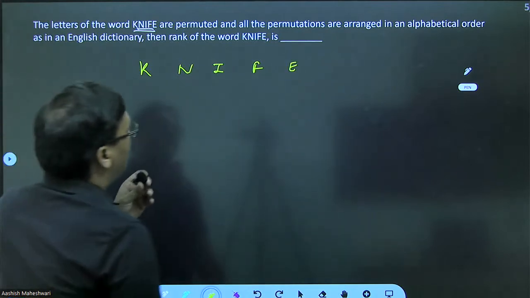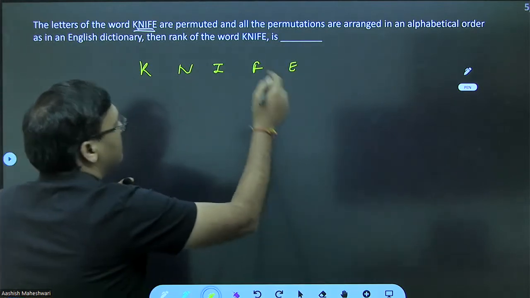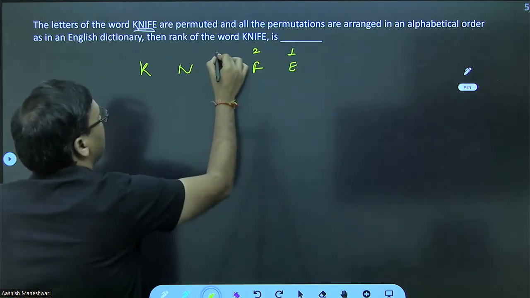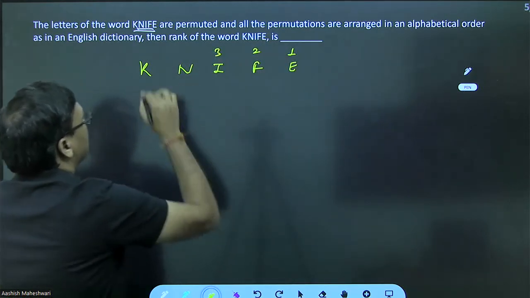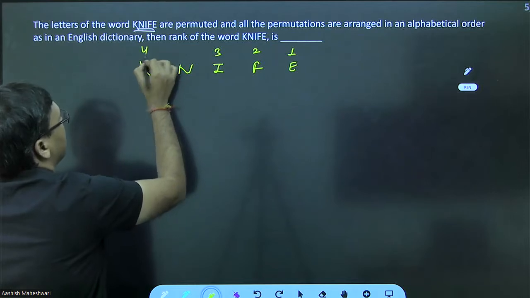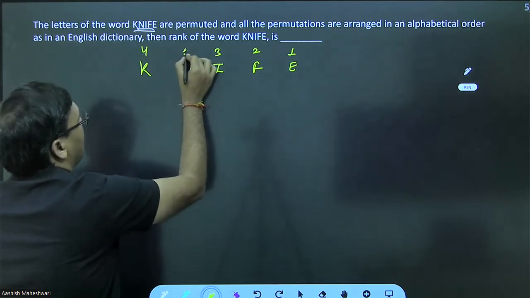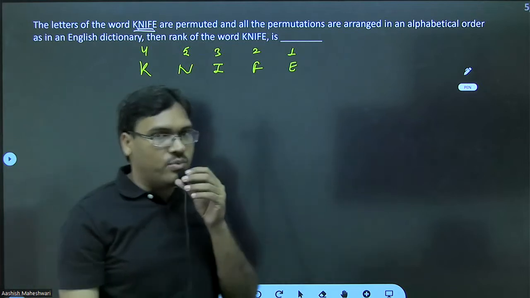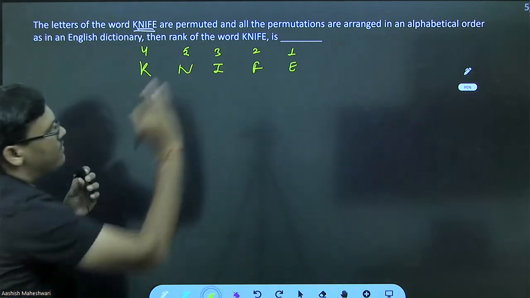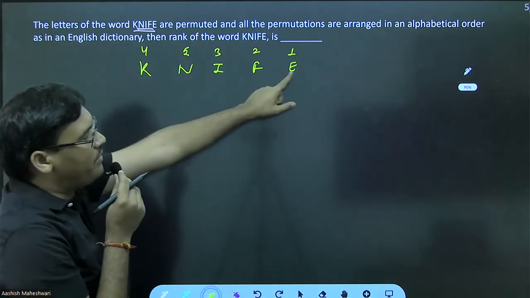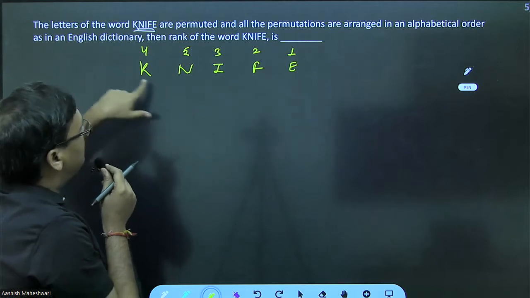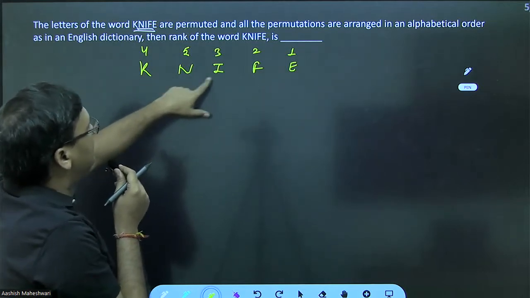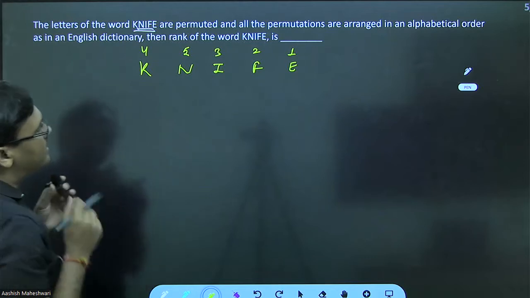Now in dictionary order, you will have E, F, I, K, and N. So these are the letters in alphabetical order. This will be first. Right, this is correct. Yeah.